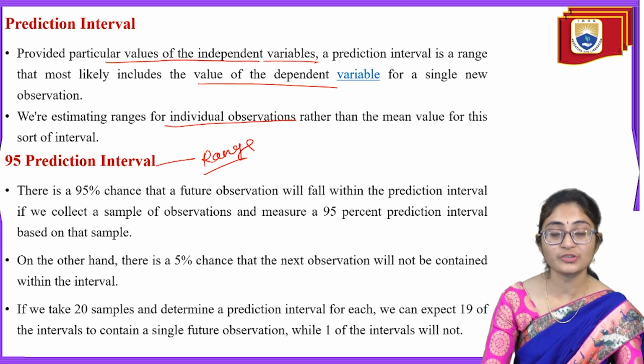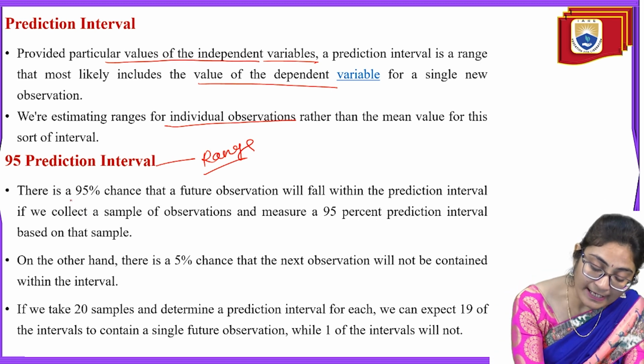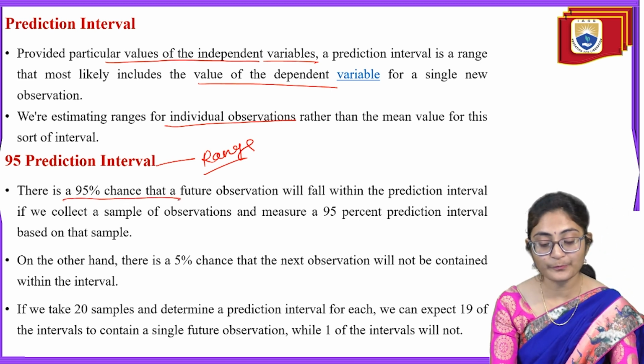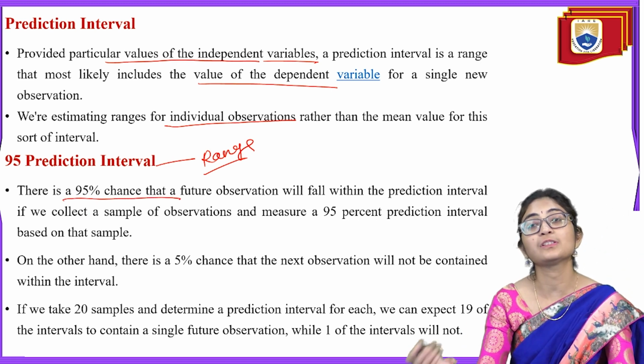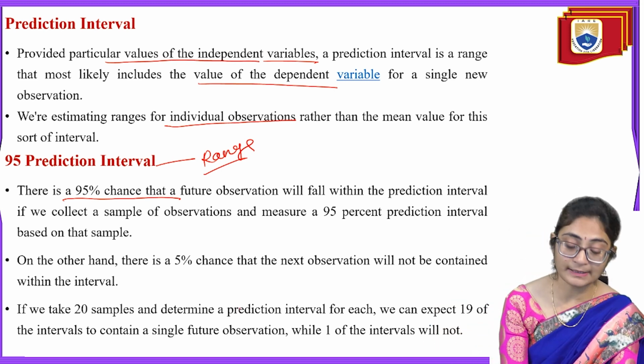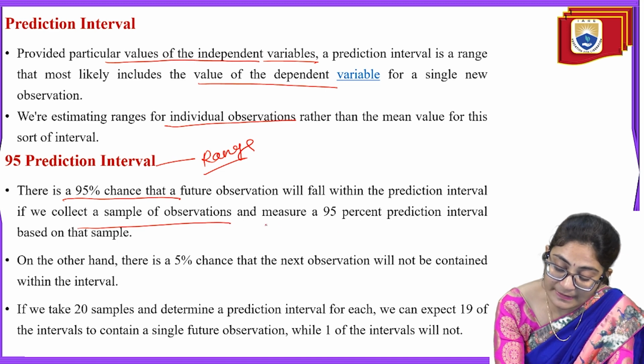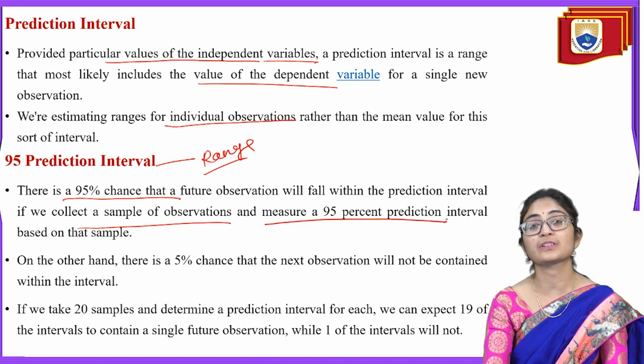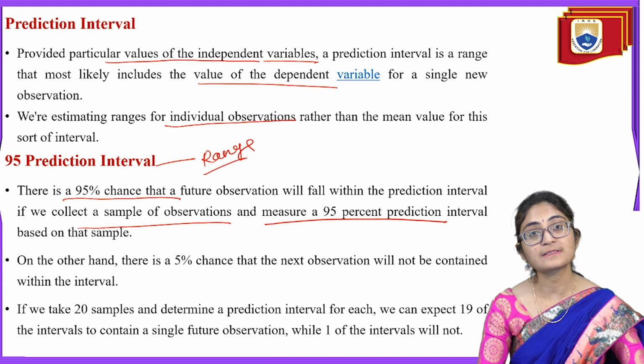And a 95% prediction interval means there is a 95% chance that the future observation will fall within the prediction interval if we collect a sample of observations and measure a 95% prediction interval based on the sample.